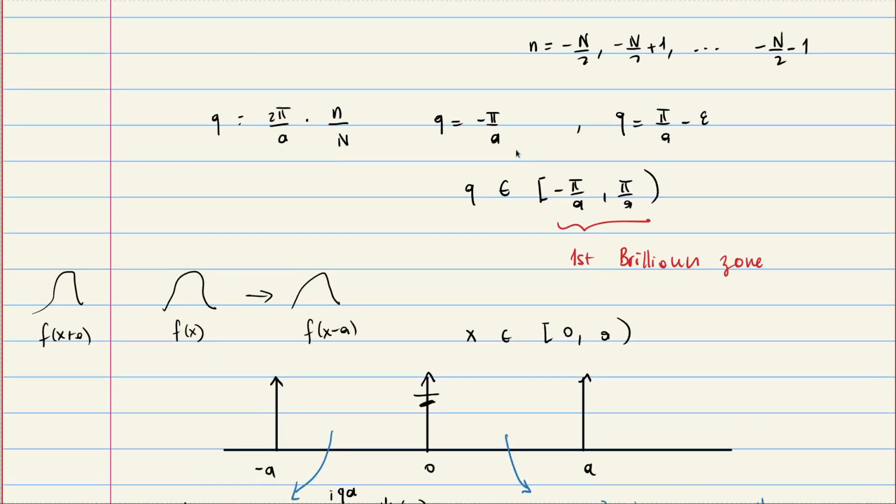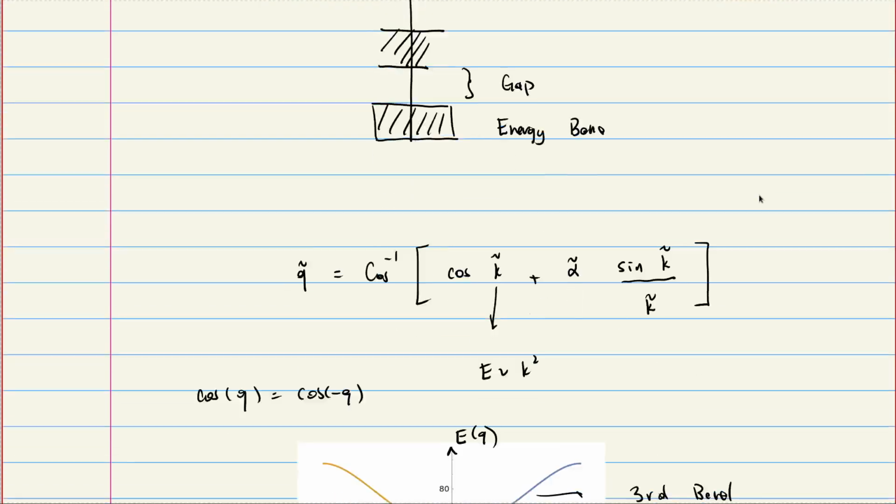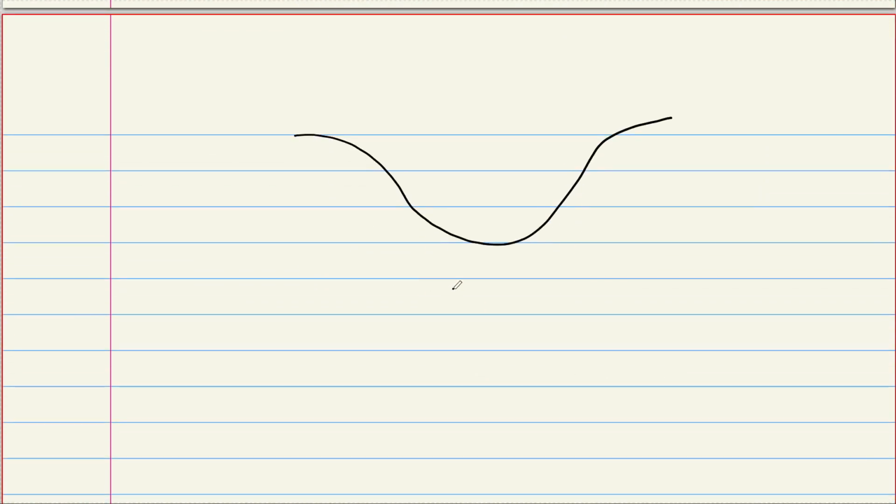For N sites in the real space, I have N points in the q space, where n goes from minus N over 2 to plus N over 2, plus 1 and minus 1. So there are N points here for each band, like 1, 2, 3, dot, dot, dot, N points. And I have N atoms.